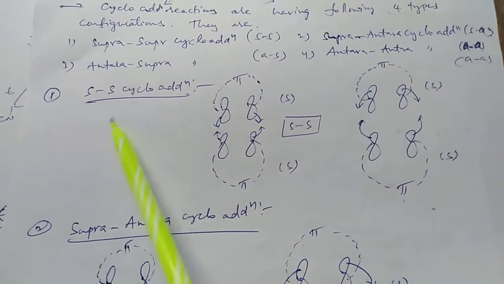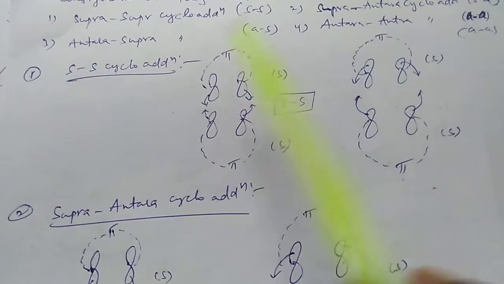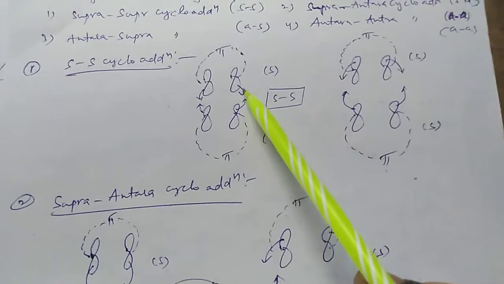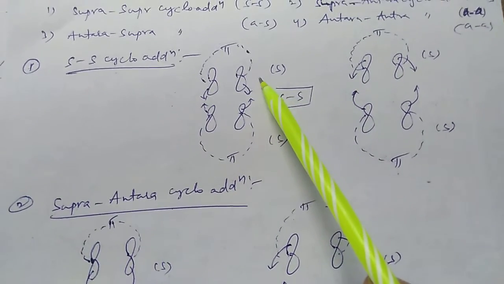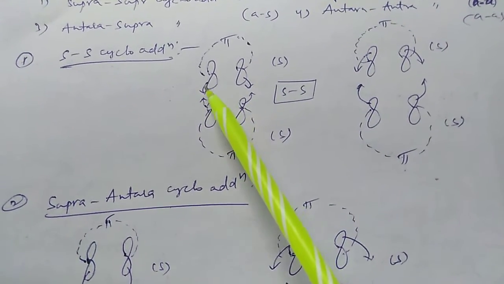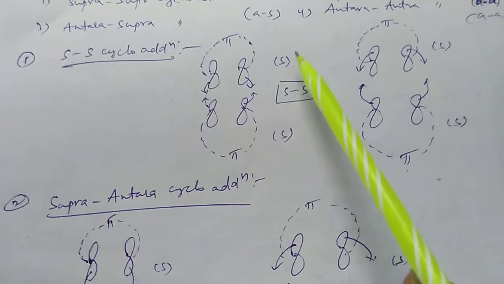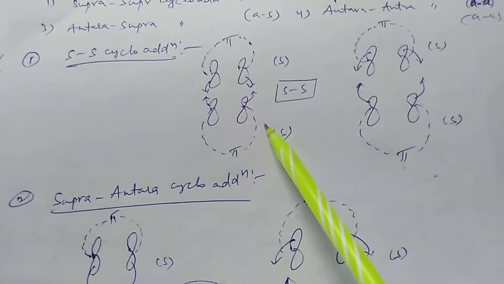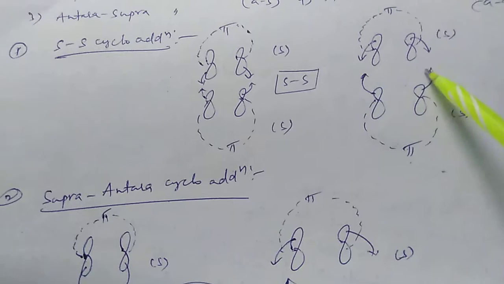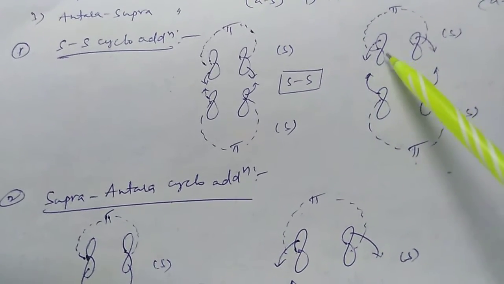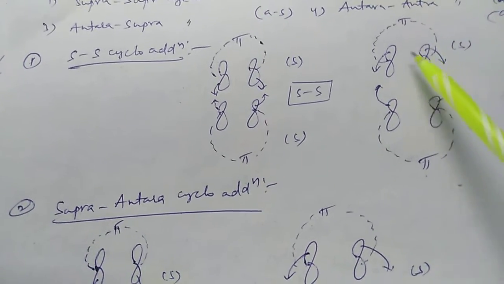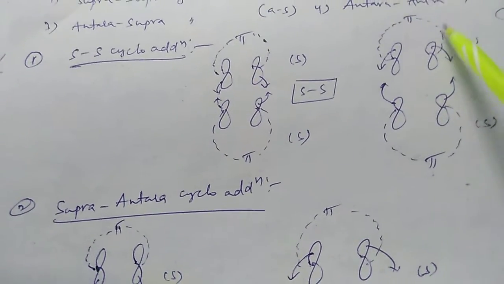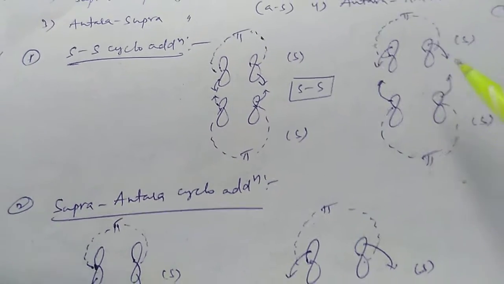Now we are going to look at the first, SS cycloaddition, supra-supra cycloaddition. For the two atomic orbitals of the unsaturated system at the termini, the lobes on the same face give supra-supra cycloaddition. And in this diagram also, the lobes of the atomic orbitals will form two new bonds on the same side, meaning the upper face, called suprafacial.